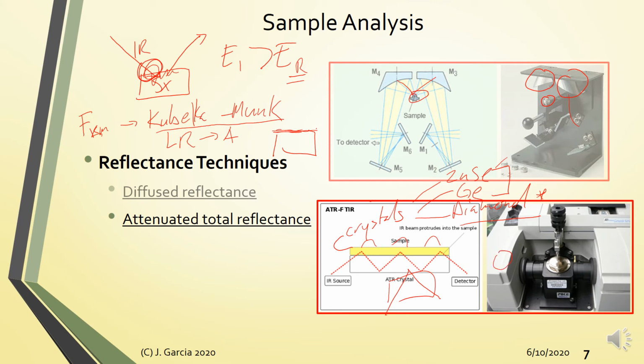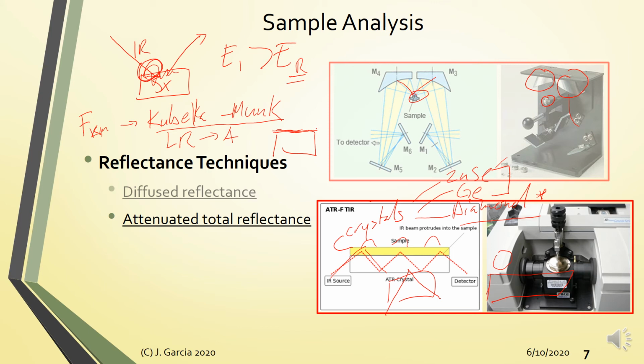For multiple bounce, you have a rectangular crystal. So basically the principle here is that in the absence of the sample, the IR source na galing sa ilalim, it will bounce off without attenuation dun sa crystal, sa loob ng crystal.